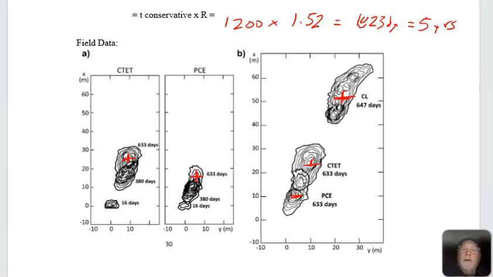This has gone 50-some meters, and this has gone 20-some meters, so a little less than half. So R equals about 2. The PCE has gone about 1/5 of that. So R equals about 5 for the PCE, and about 2 for the CTET. Again, the chloride is conservative, so it has a retardation factor of 1. It's not slowed down.